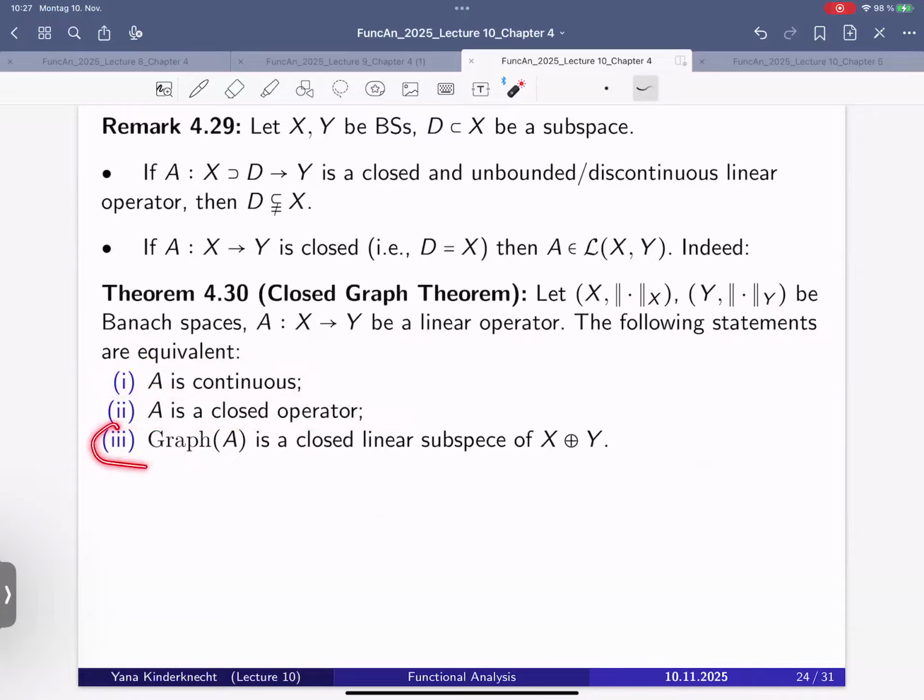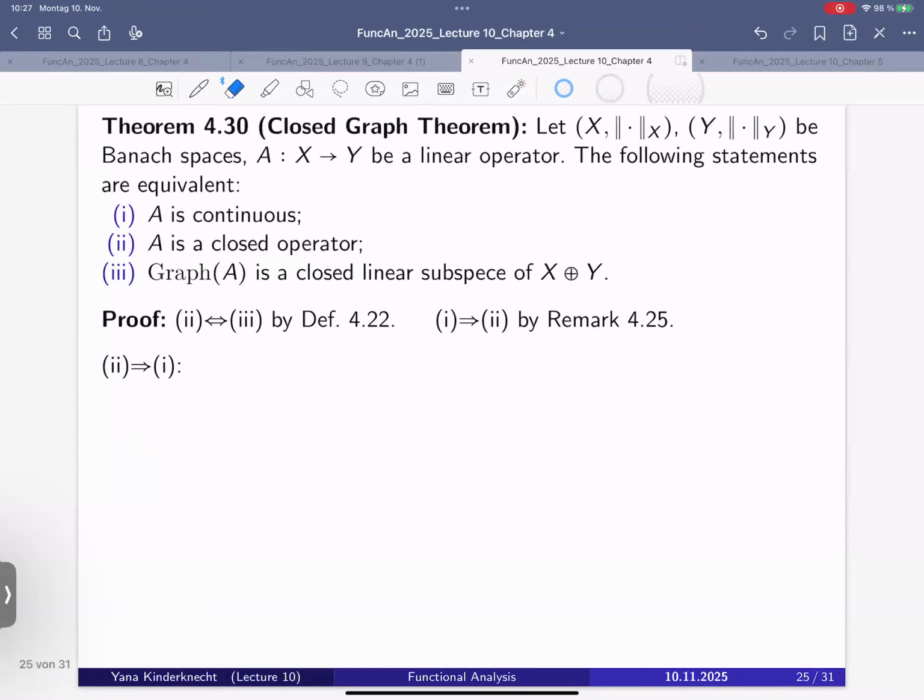And third, graph A is a closed linear subspace of this direct sum. So 2 is equivalent to 3 by the very definition of a closed operator. Now 1 implies 2.